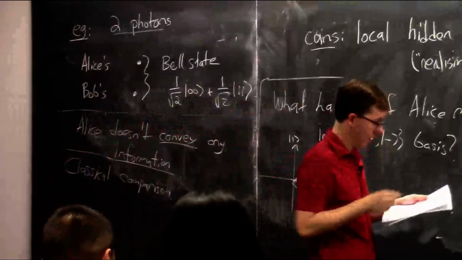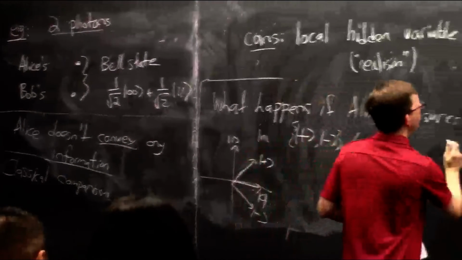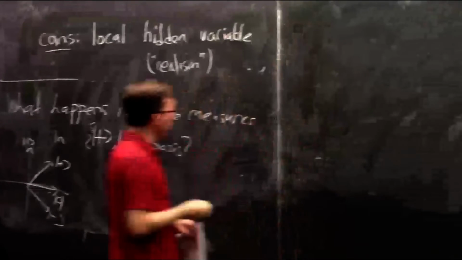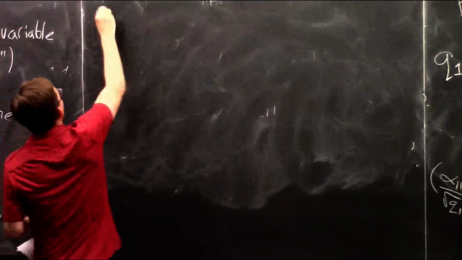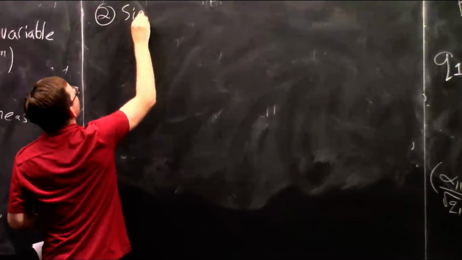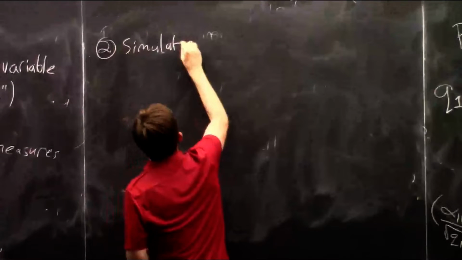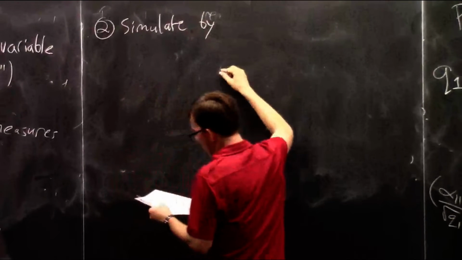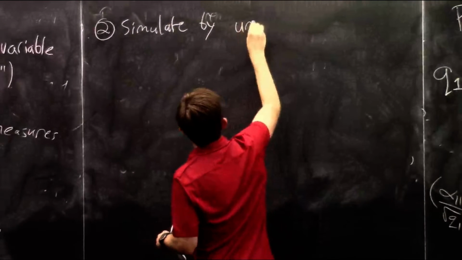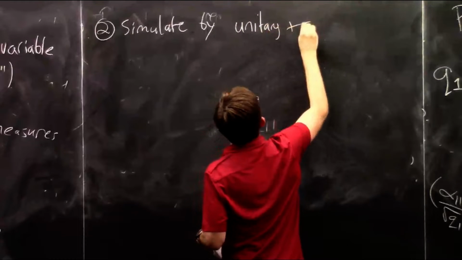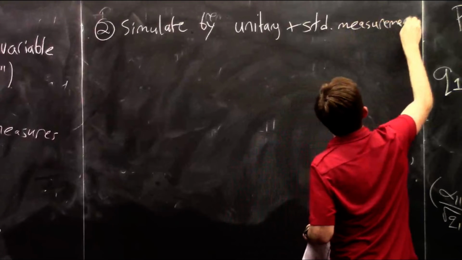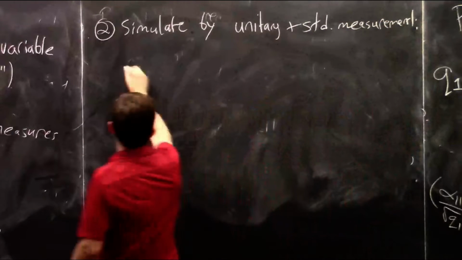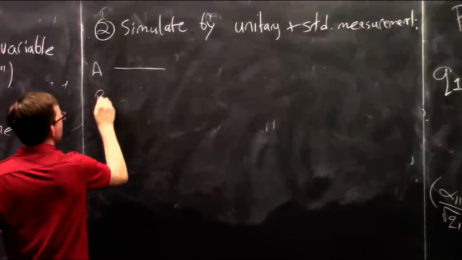It'll be illuminating, maybe. So let's do the second way first. Let's simulate this by unitary plus standard measurement. In other words, the picture: this is Alice's qubit, this is Bob's qubit.